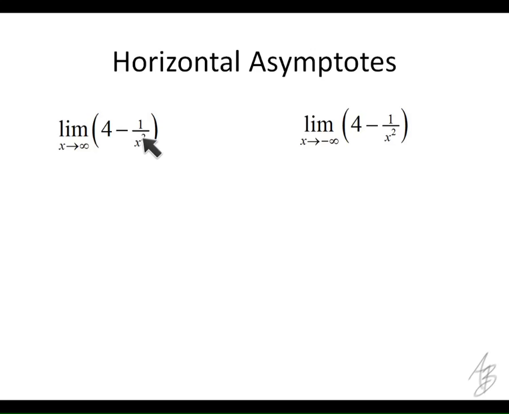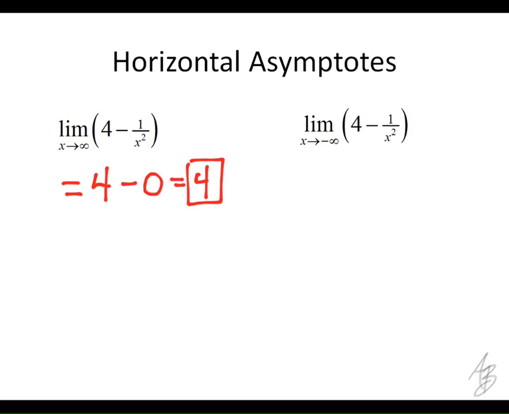So if we have 1 over a really big number squared, what are we going to get? 0. So we can use this idea of direct substitution with infinity and kind of treat infinity as a number, as long as you understand what's going on there. So we're going to get 4 minus 0 here, and that limit's just going to be 4. Does that make sense? Okay.